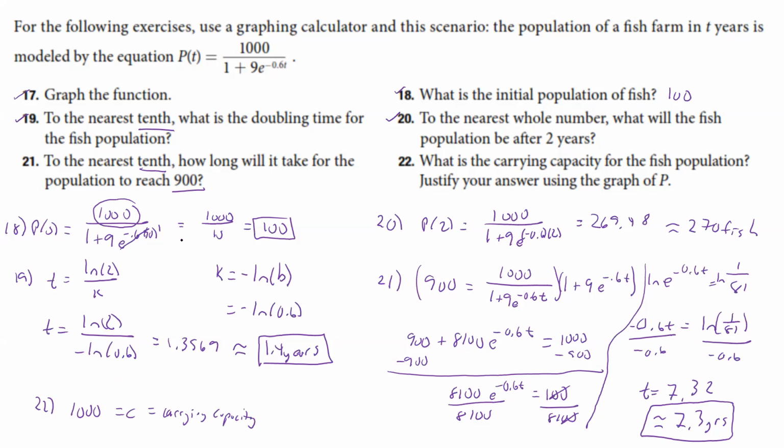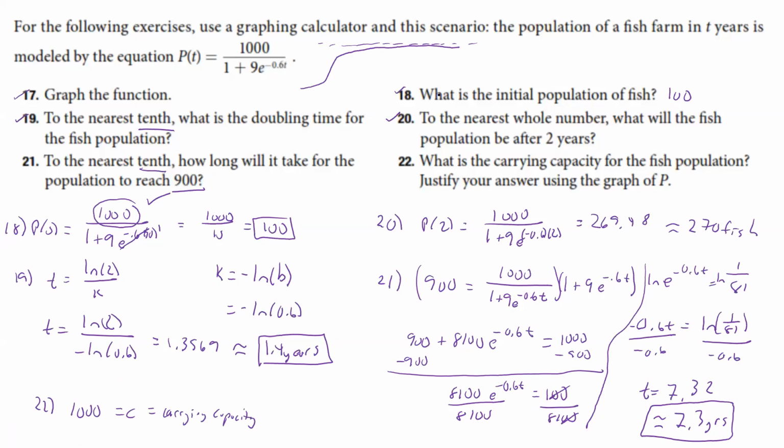So we could have got it directly from the equation they gave us, or we looked at our graph and it went up and then it plateaued, and that was our asymptote that y is equal to 1,000, and so that's going to be our carrying capacity for this fish model. All right, so hopefully that'll help get you some more ideas about how to use our equations to solve different application problems.